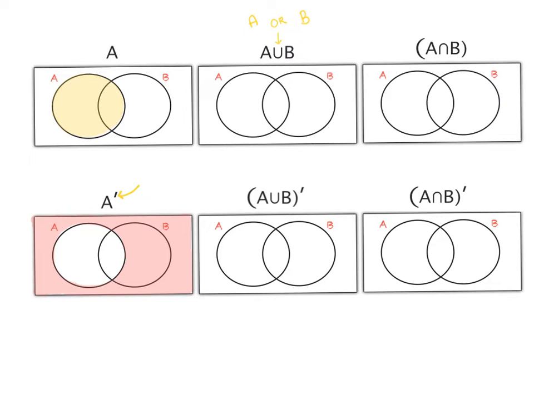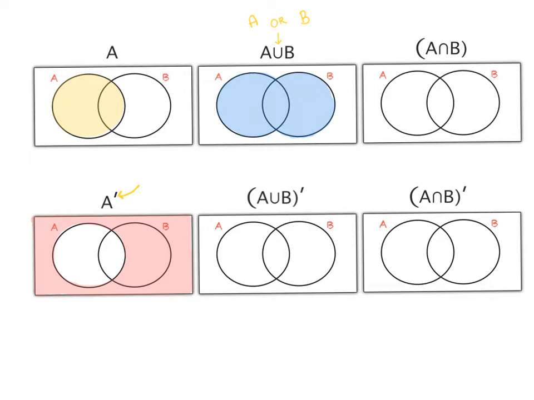So first you're going to shade in A, and then you're going to shade in B. So you can see that we are looking for anything that is in A or in B. So it's both the circles shaded in, including the centre.